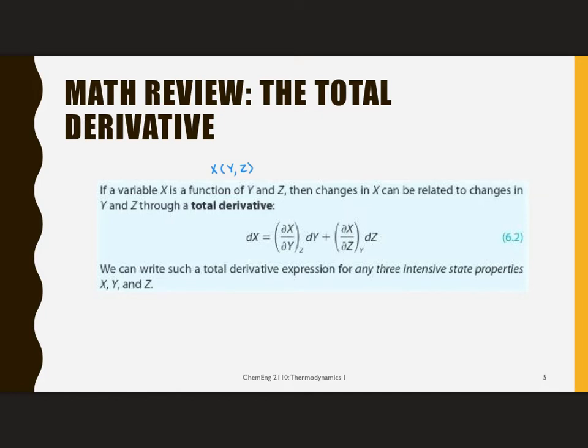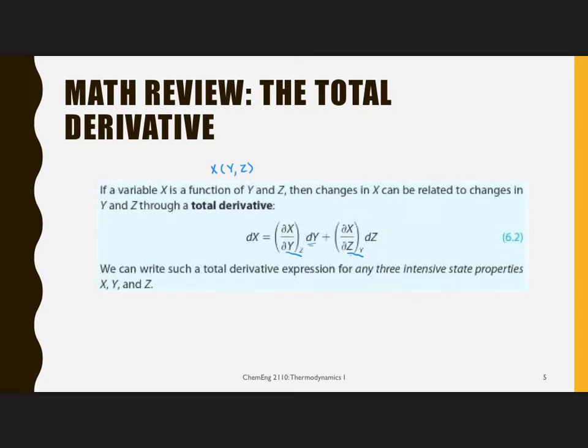This makes it easy for me to identify what my variables are. You wouldn't have seen it written this way in your math courses because the full set of variables was very obvious. Now it isn't going to be quite so obvious, and so it's going to be important that we list the other variables in our function by what is being held constant, and that is going to describe our path.